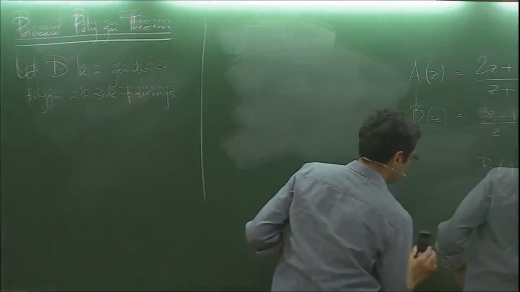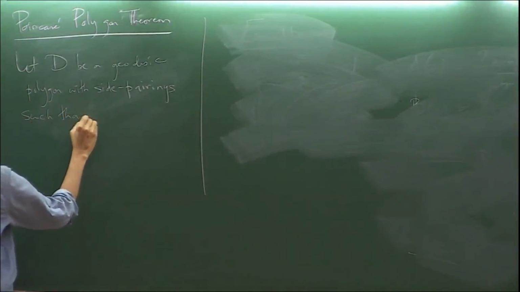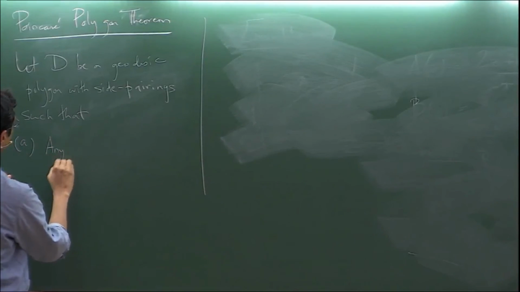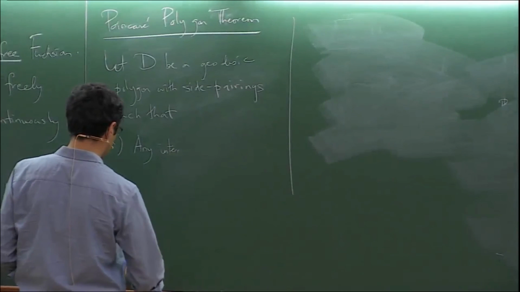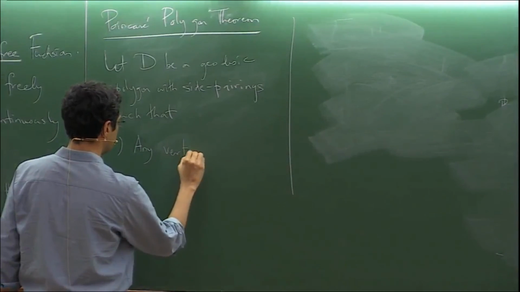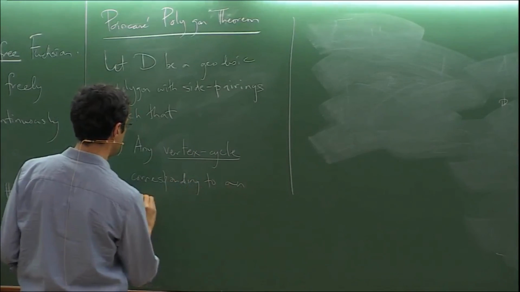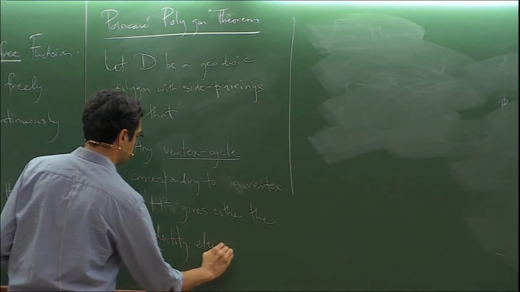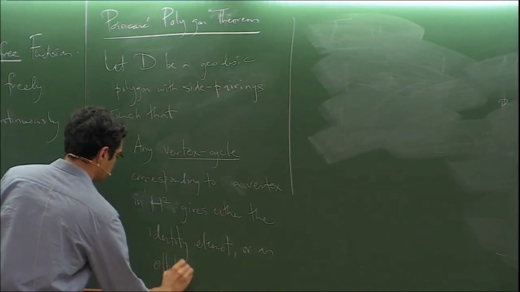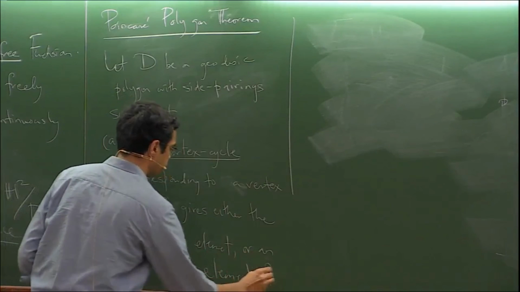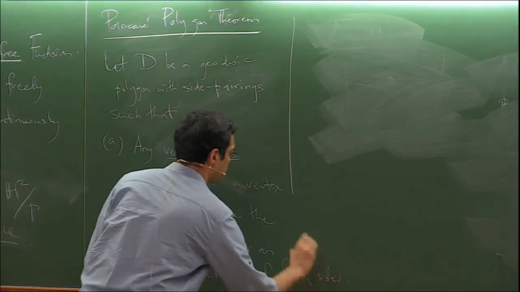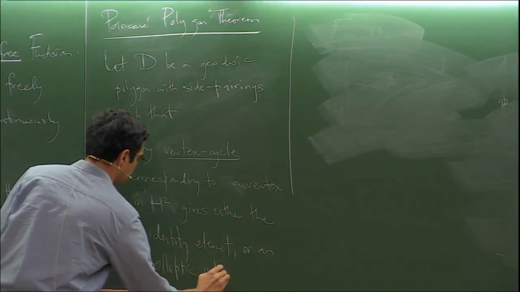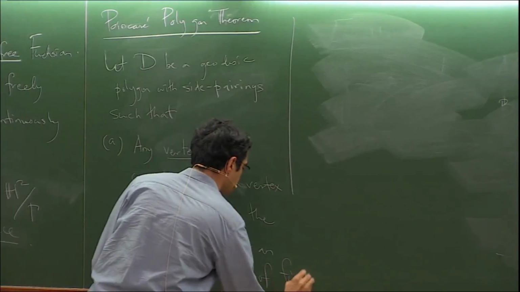A: any vertex cycle corresponding to an interior vertex in H2 gives either the identity element or an elliptic element of finite order. I'll introduce the term vertex cycle in a bit. So that's case A.